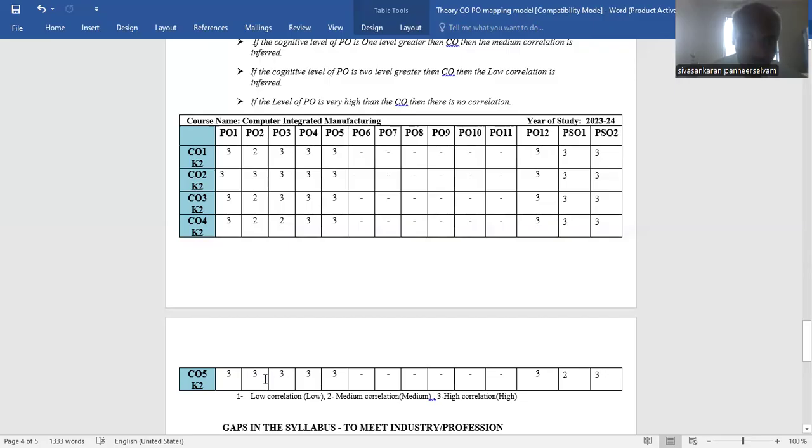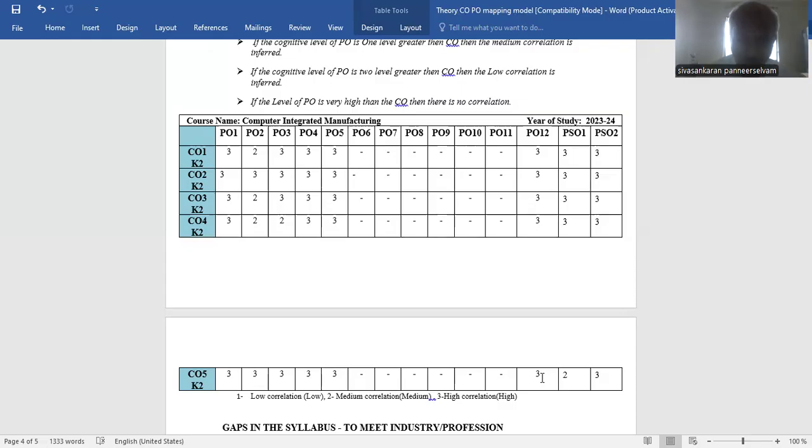PO2 means engineering analysis, use of design tools and standards, and PO4, complex investigation of problem solutions, and modern tool usage, all have high correlation. Then PO12, lifelong learning. Yes, to run the simulation tool, we require a long-term goal to practice every day, in order to continuously improve each and every business process through simulation technique.